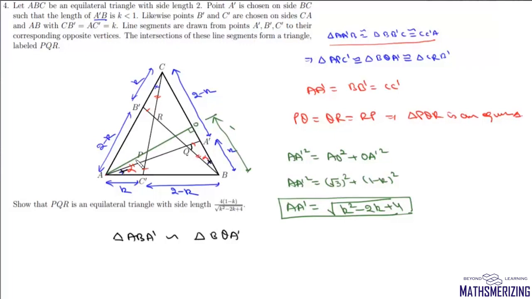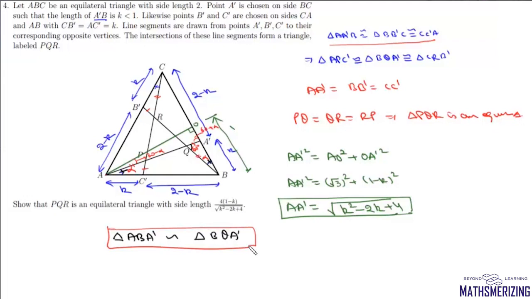Now this angle is 30 minus alpha, so this angle will be 90 minus (30 minus alpha), so it will be 60 plus alpha. Now this exterior angle is equal to angle Q plus angle alpha, so this angle will be 60. So this angle BQA' and this angle B are both 60. So from the AA property, we can say that these two triangles ABA' and BQA' are similar.